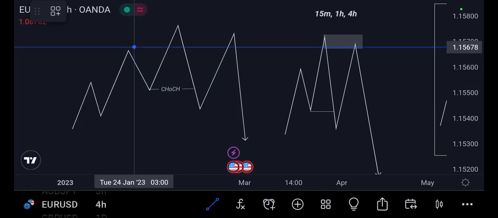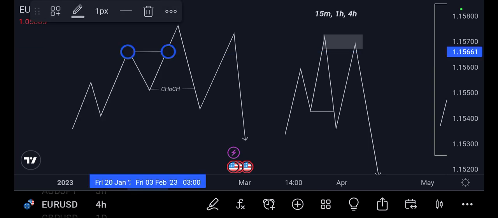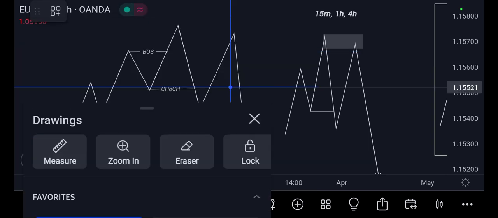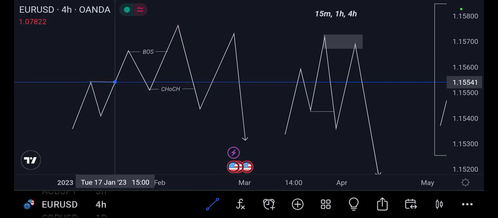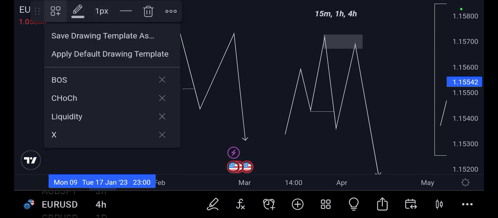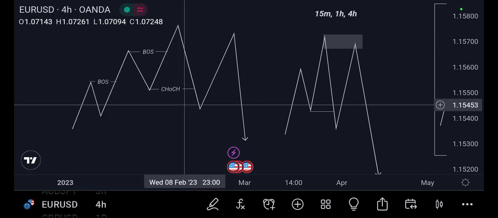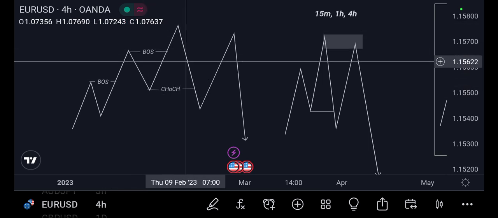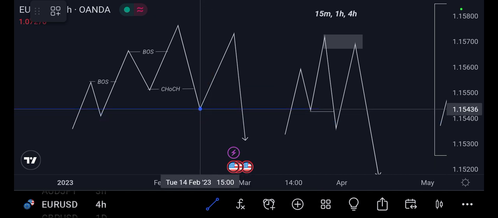So what we have here is break of structure, same as what we have here. Break of structure. But what we have here is a change of character, that price is no longer in an uptrend, it's already in a downtrend.